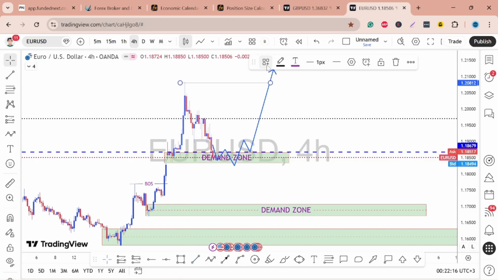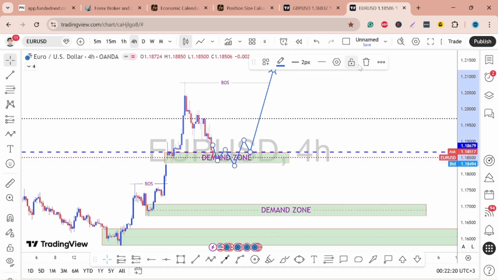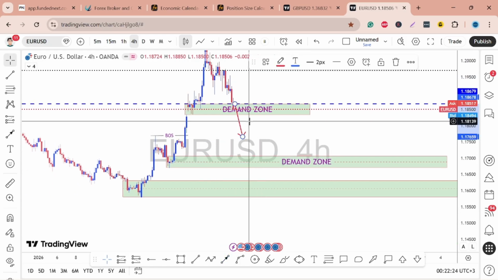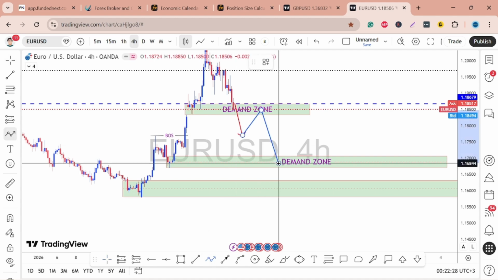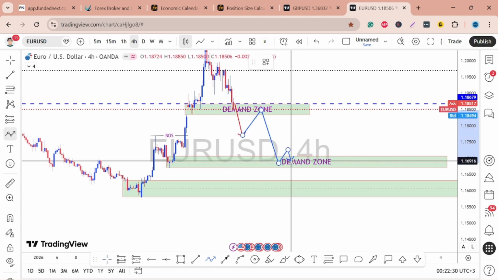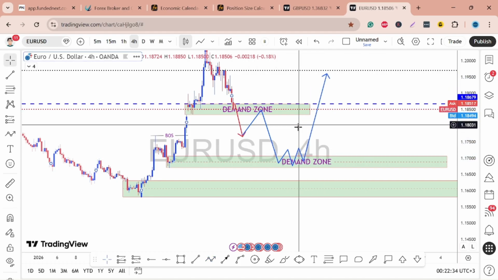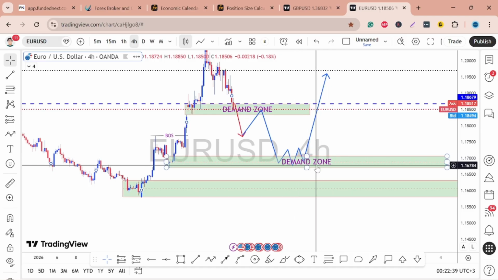Now, what if we are not able to see this kind of move? It means that we might still see a deeper correction on Euro USD, probably to this deeper demand level, then going up. So your work is just to watch how price reacts on this level and this level.